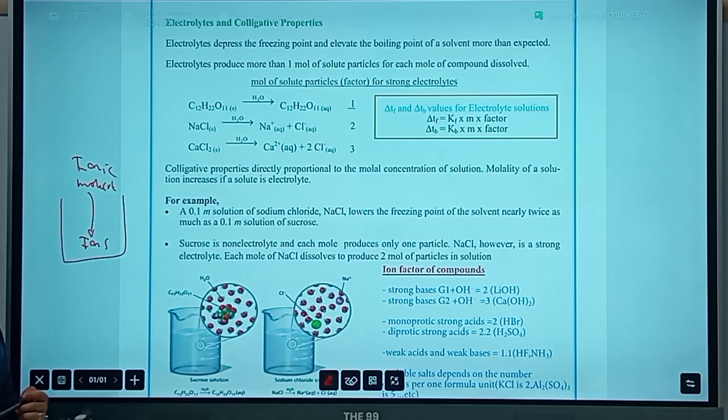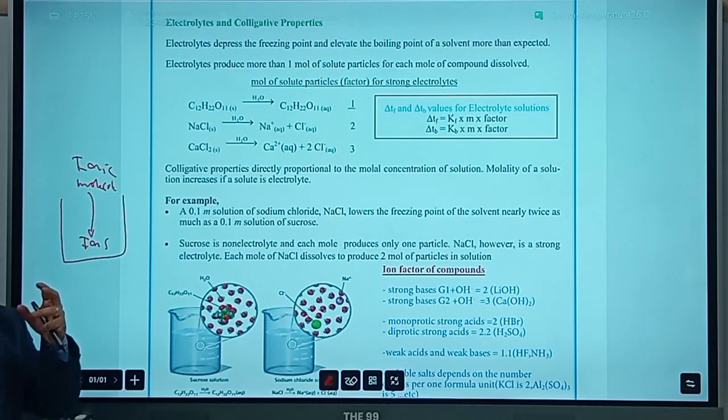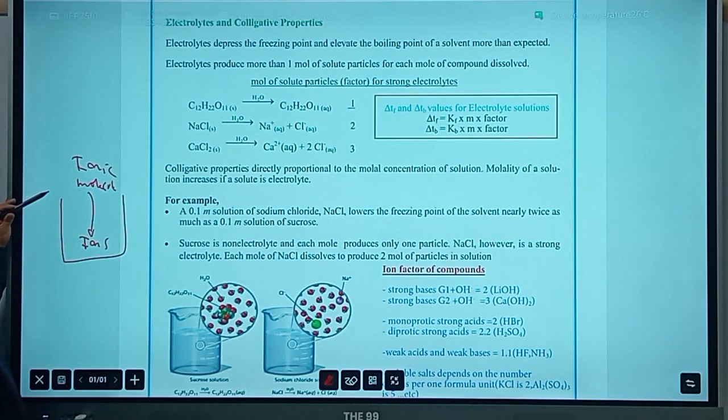Unlike the non-electrolyte, which when they dissolve, do not undergo ionization or dissociation. They just stay as dissolved molecules. Here the ions or the molecules dissolve and ionize or dissociate as well.